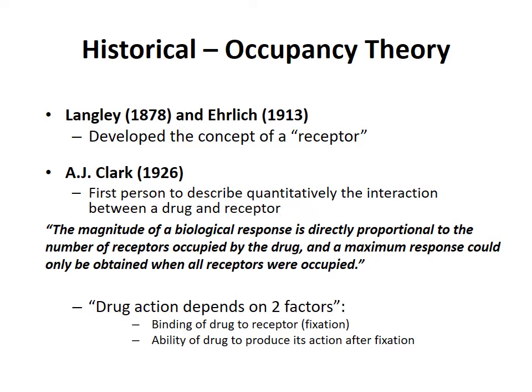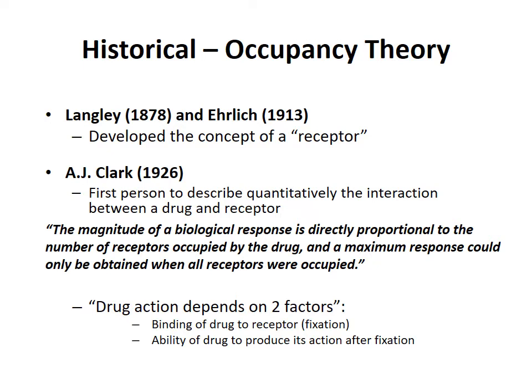Okay, so in his opinion or belief, drug action depended on two factors: binding of the drug to the receptor, or fixation, and ability of the drug to produce its action after fixation. So we already talked about these two things. What we talked about was affinity and then efficacy. So that's pretty much the same idea, and that's pretty accurate. But I want to dig into this a little deeper.